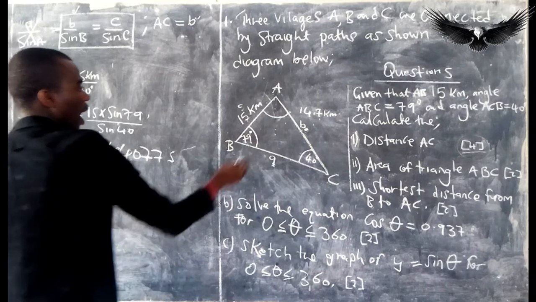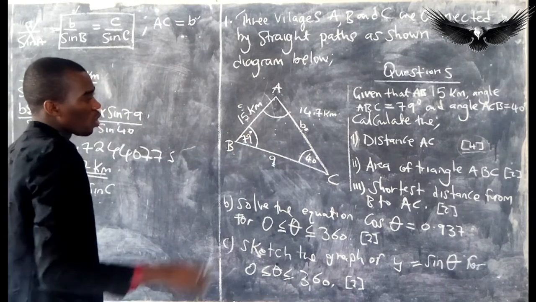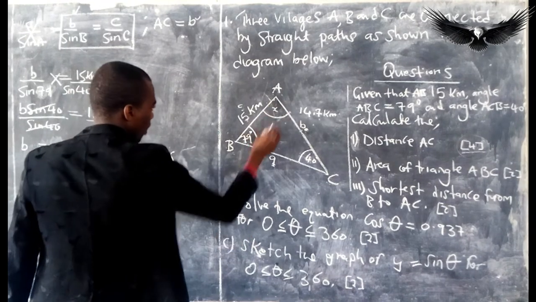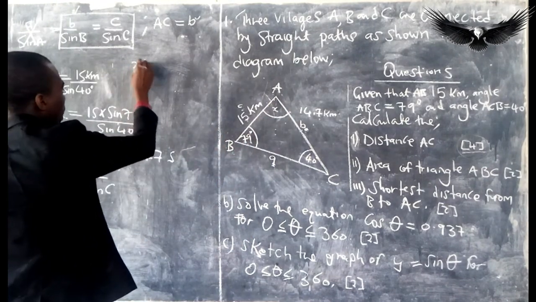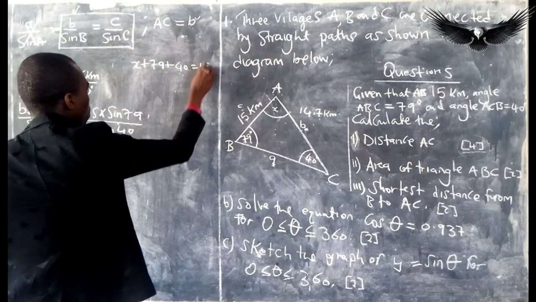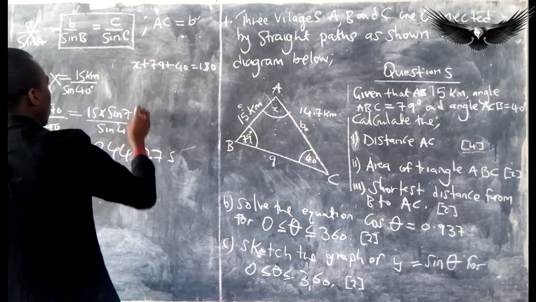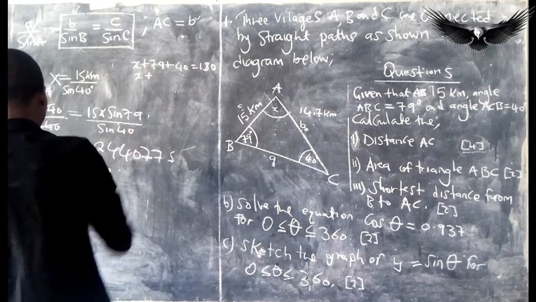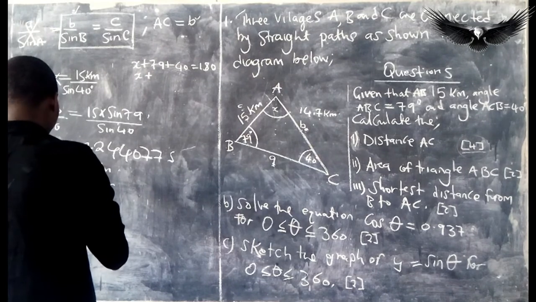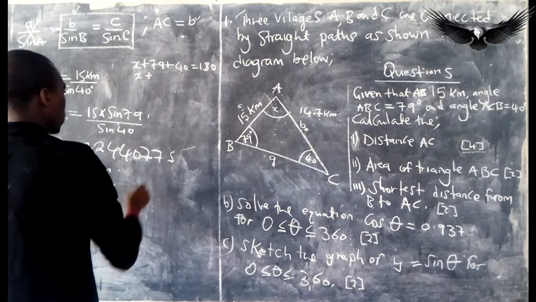Now remember, angles in a triangle add up to 180. So we call this angle x. We're just going to add x plus 79 plus 40 is equal to 180. So 79 plus 40, this is 119.